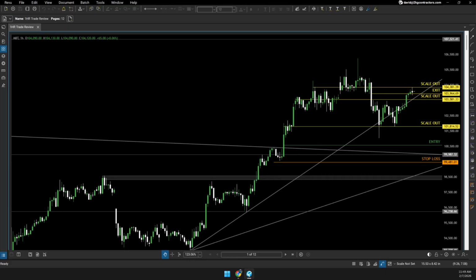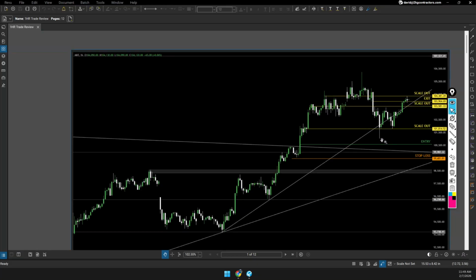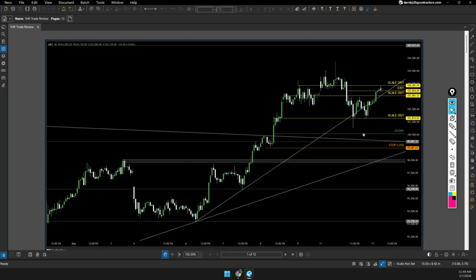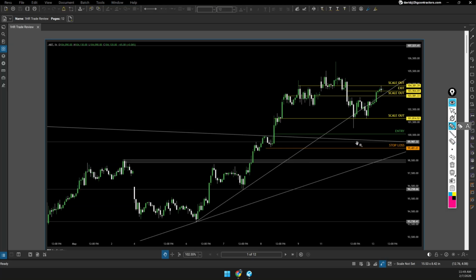I was hoping to have something that's not popping up. There it is. All right. So these are some trades I've taken. Oh, hang on.